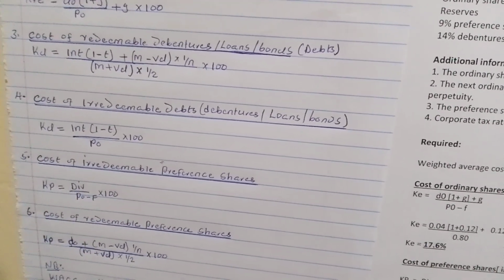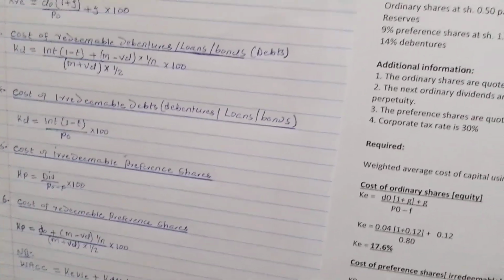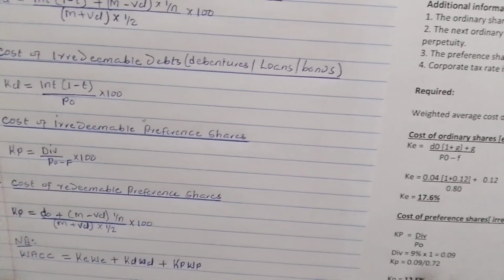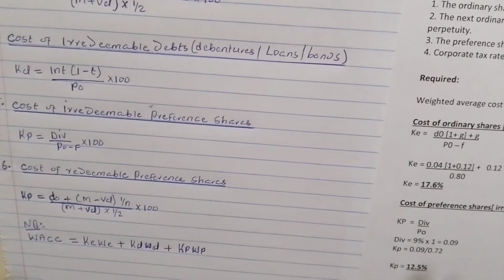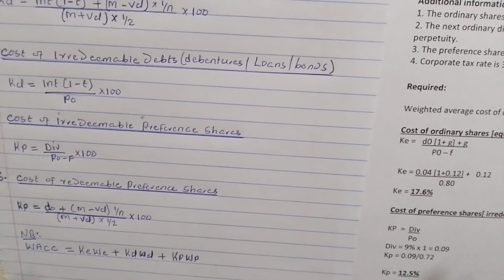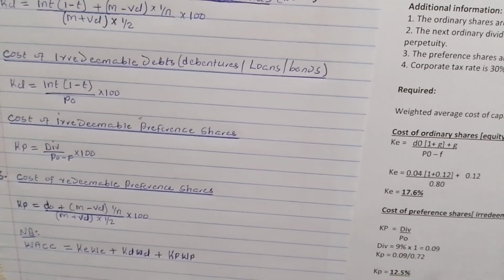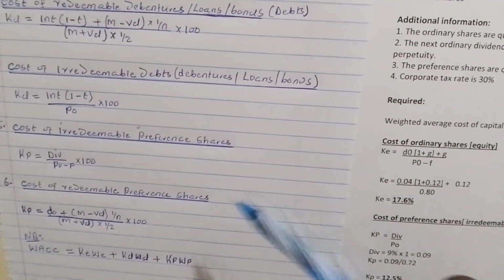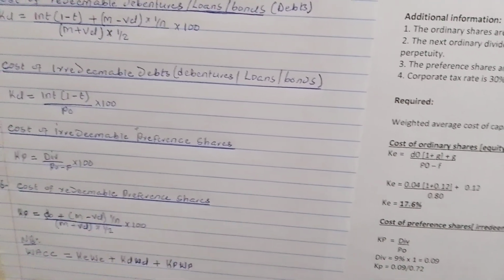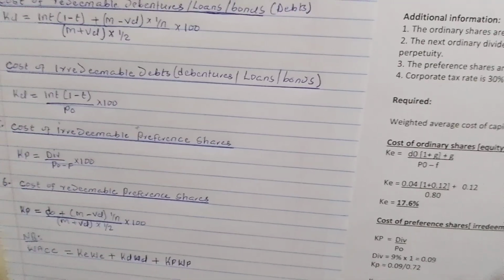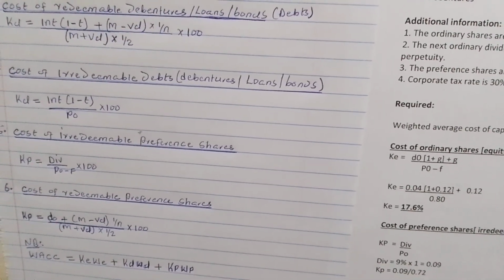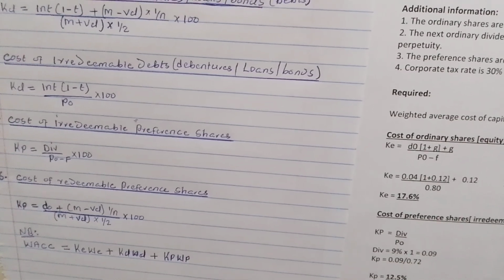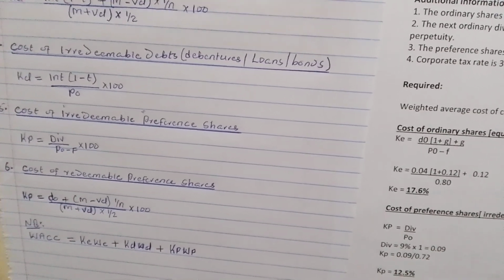We cannot multiply by 1 minus t, because a dividend is a profit appropriation, unlike interest, which is an expense. Therefore, we cannot talk about tax shield with respect to the dividends, because the person who pays tax is the person who is receiving the dividends.